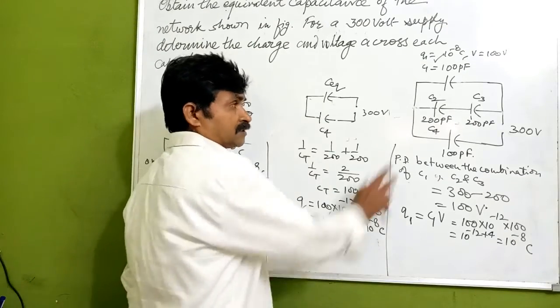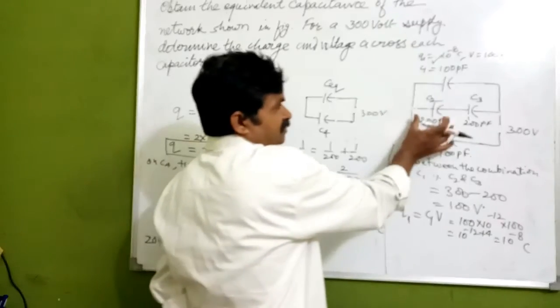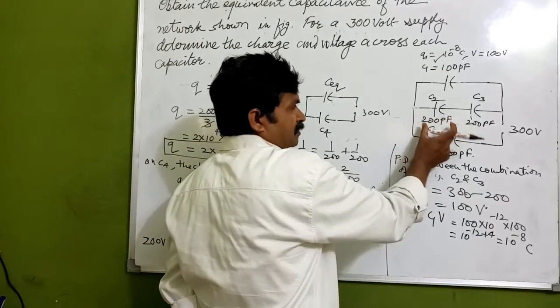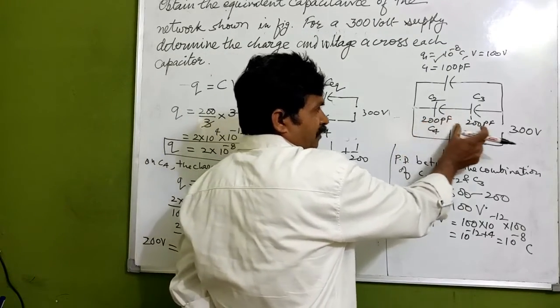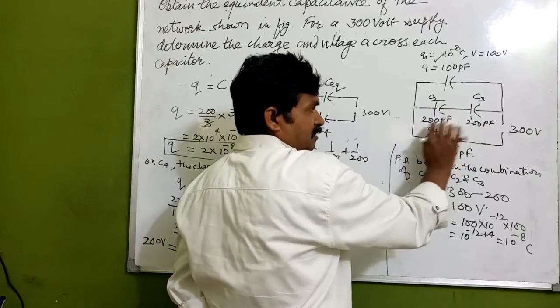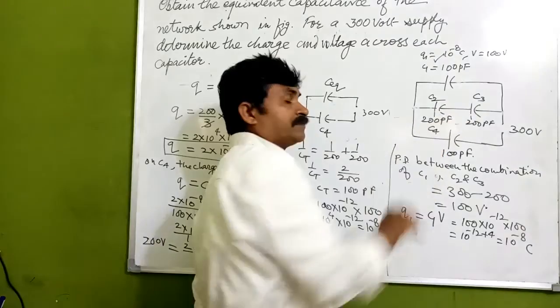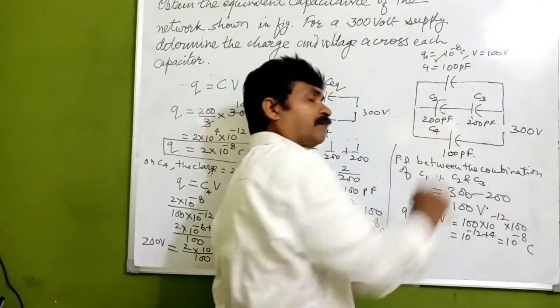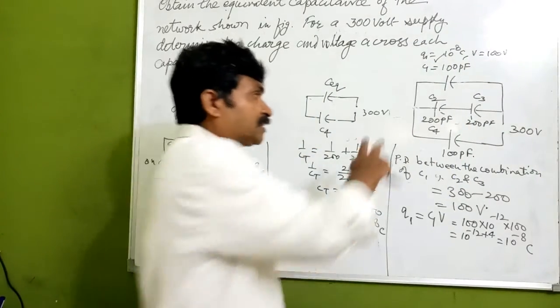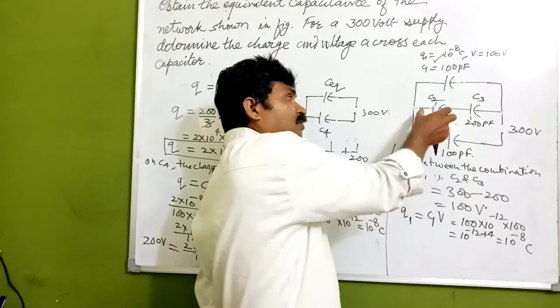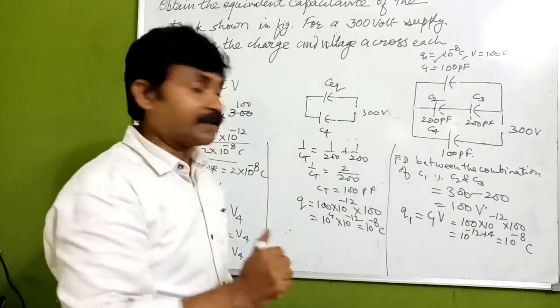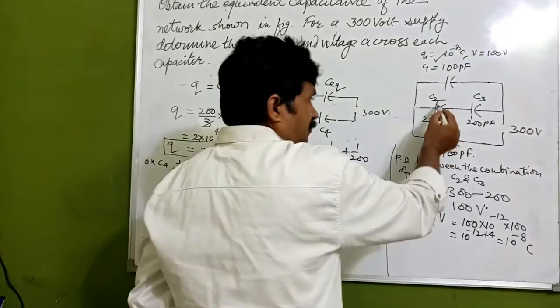Now here, instead of determining this, we can simply note that if we have 200 picofarad and 200 picofarad, the capacitance is the same, and the charge through them is the same. And 100 volt is the potential difference between them, so that will be divided in equal parts.